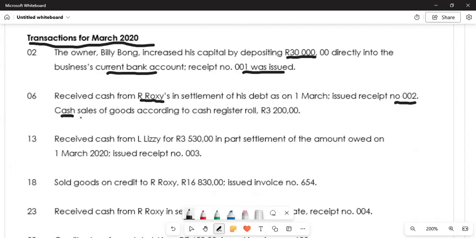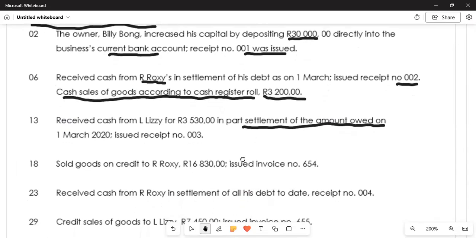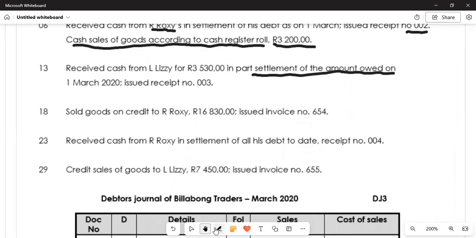Cash sales of goods according to the cash register roll is 3,200. Received cash from Lizzie for 3,500 in part settlement of the amount owed on 1st March 2020. Issued receipt number 003. Moving on.